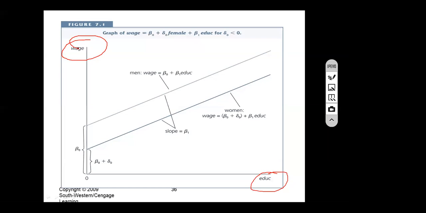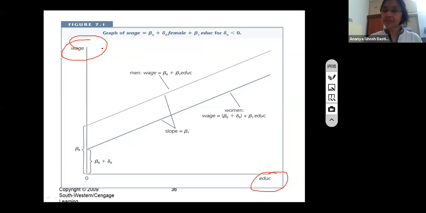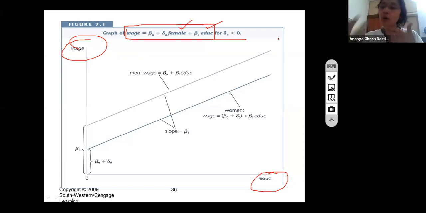My dependent variable is wage and my explanatory variable is education. And suppose now I have estimated this model, where I regressed wage on education and on a variable called female, where female is a dummy variable. So female takes 1 if the observation is female, it is 0 otherwise.